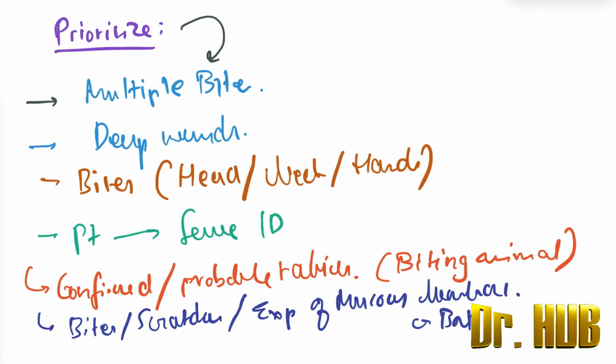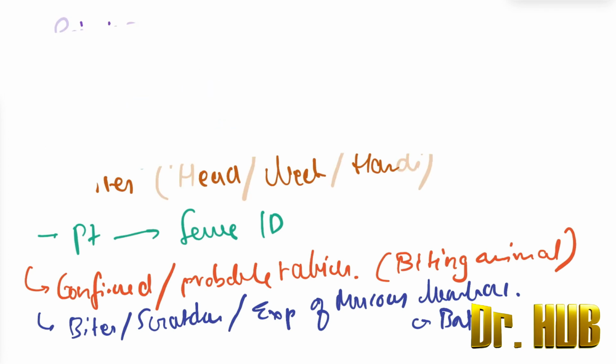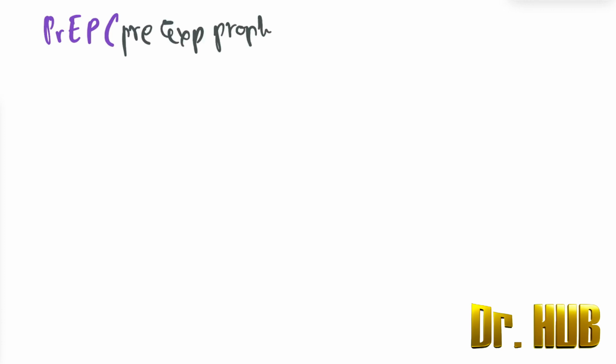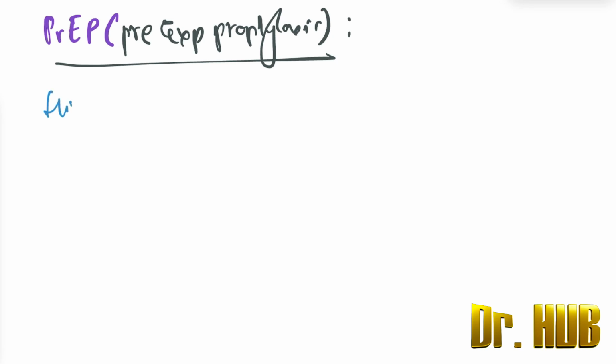Next we look at PrEP, that is pre-exposure prophylaxis. Here there are different groups. First let's look at high risk. What is meant by high risk?